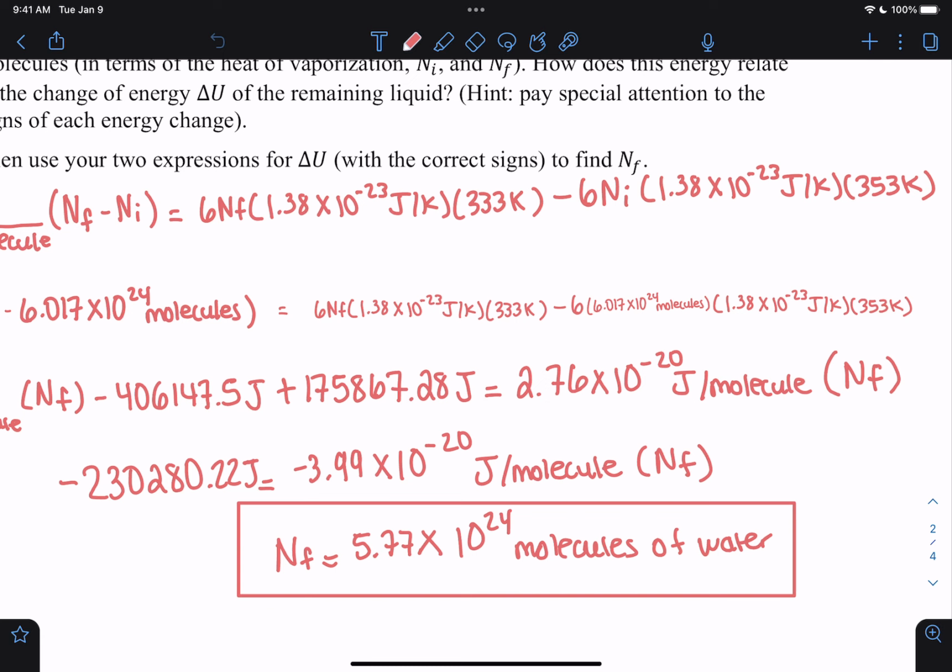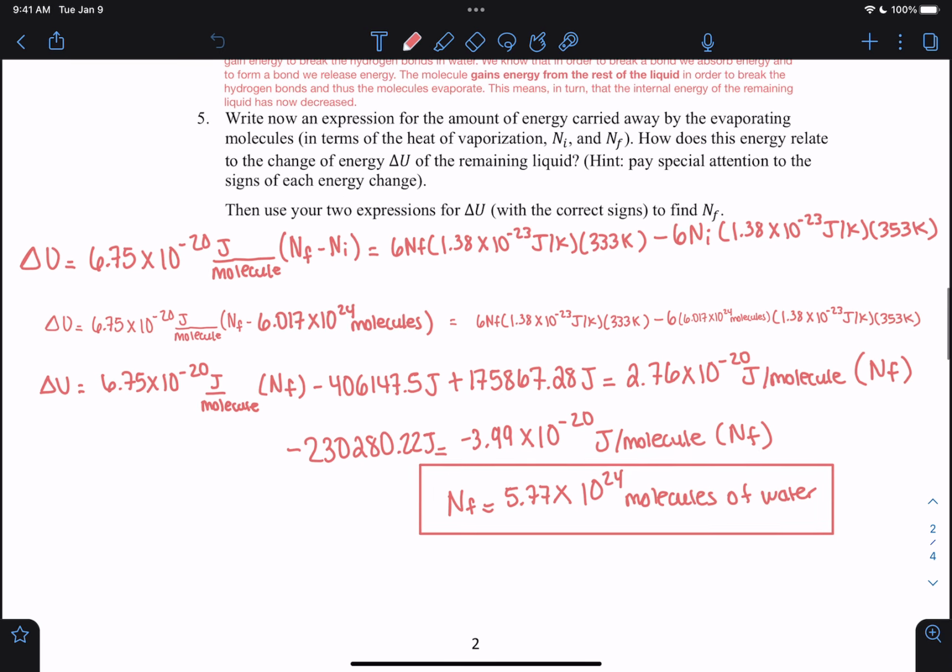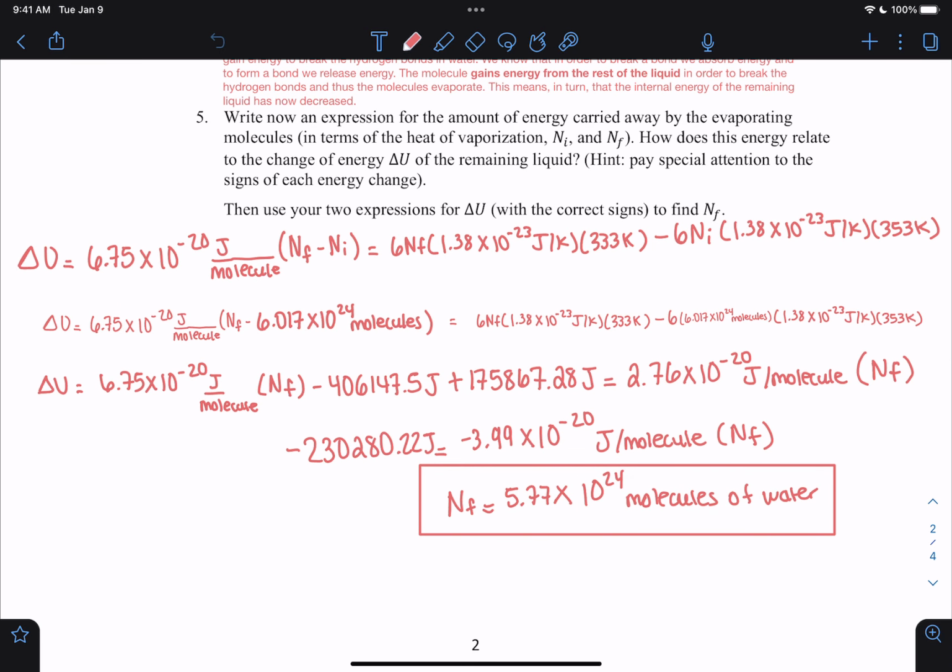Yeah. Yeah, exactly. Yep, I'm just looking for it to be in units of molecules.